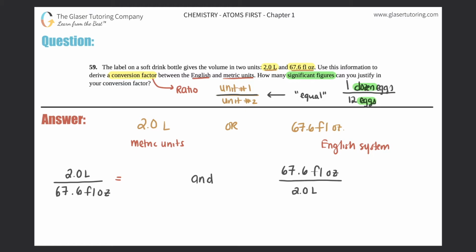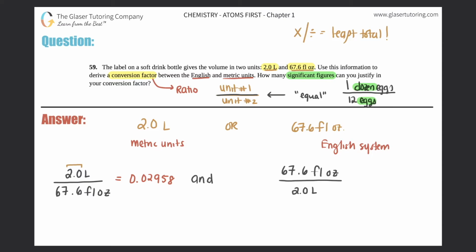So if I do the first one, the one on the left, I'm going to say 2.0 divided by 67.6. And I get 0.02958, we'll say. So now, how many sig figs does this number have? Remember, with multiplying and dividing, you always take the least total number of sig figs.